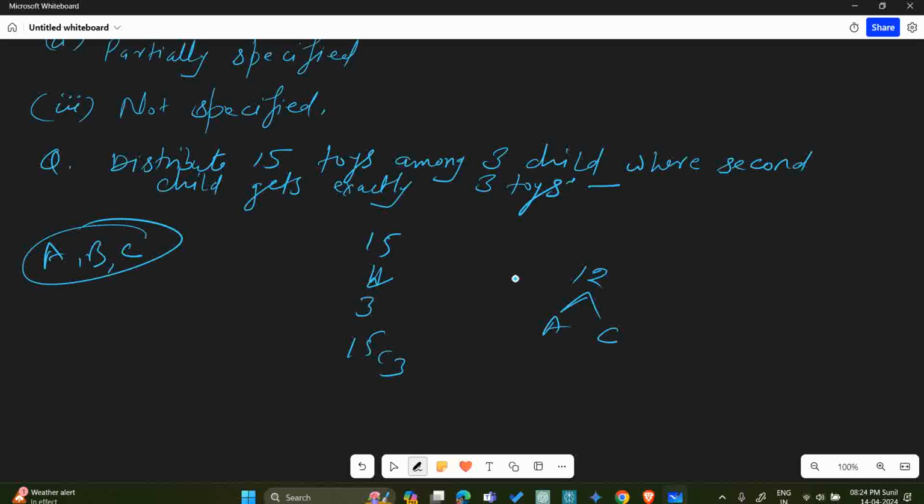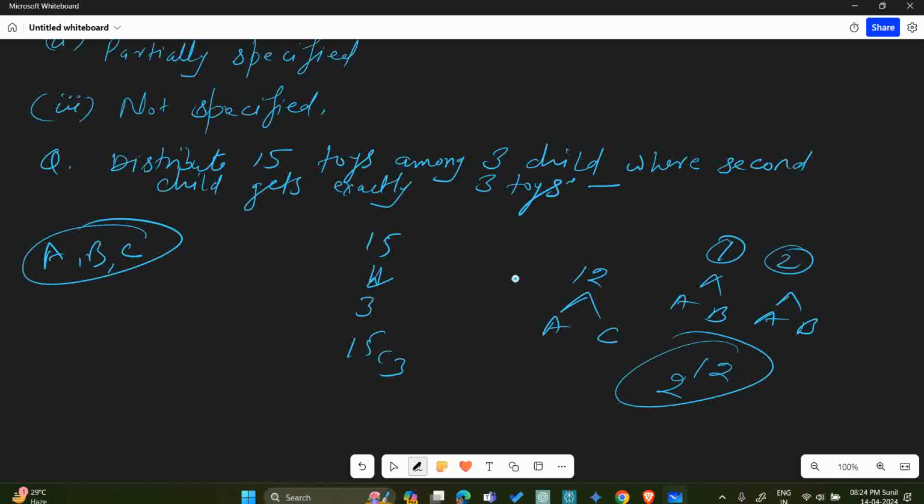So how many ways can we distribute 12 toys to 2 children? Toy 1 and toy 2 can each go to A or C, so every toy has 2 options. 2 to the power 12 is the answer.